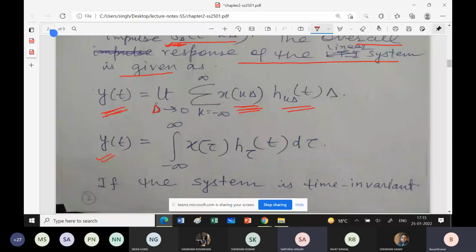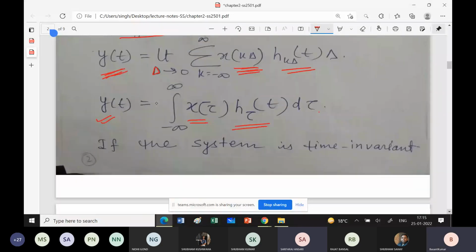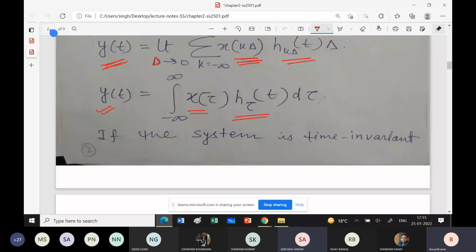So this h(tau) is representing the response of the impulse which is appearing at t equal to tau. And this is the magnitude of the signal at that instant. So if the system is time invariant, now this concept we have taken from the linearity.